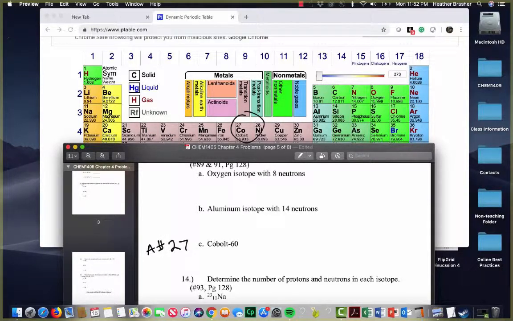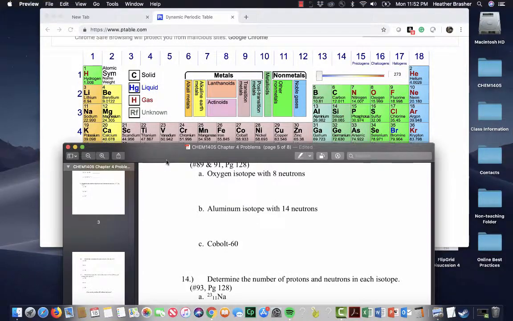So on here, they're asking you to write it. And when they do cobalt 60, they're telling you what the actual mass is here. So here we were trying to figure it out. Here they're giving it to you. So it's Co, that's 60 here. And then you put the 27 at the bottom. And that one was much easier than some of the other ones.